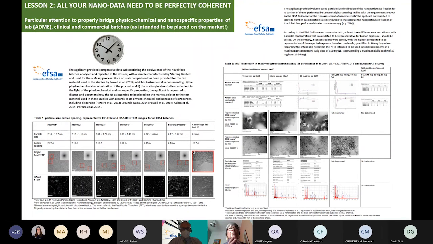And in here, for example, particular attention needs to properly, in our case, to properly bridge physicochemical and nanospecific properties of the original lab batches that were used for the ADME studies, the first clinical batch that was synthesized to enter into the study that you will see in a while, and the commercial batches as intended to be placed on the market.